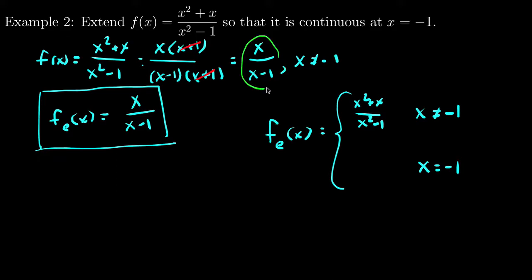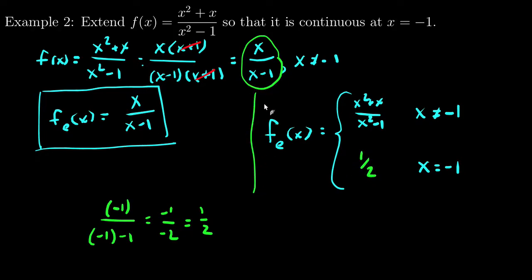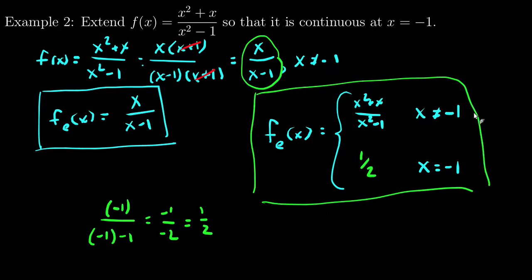I know it's going to be the value that I want to fill in at -1, so I'll just do -1 over -1 minus 1. That's going to be -1 over -2, which is 1/2, and so I could put the 1/2 in here, and that will fill in the hole as well. Both are acceptable. This is going to work for things that don't just reduce.